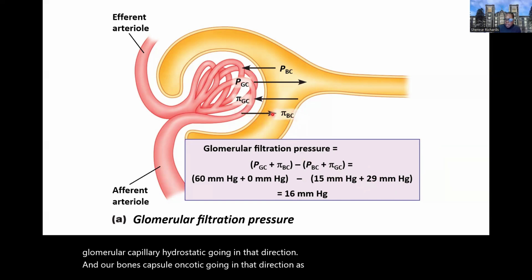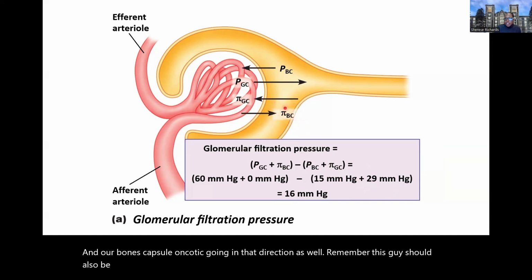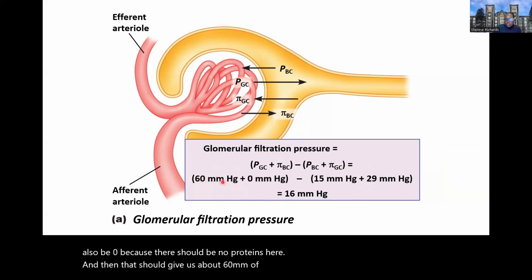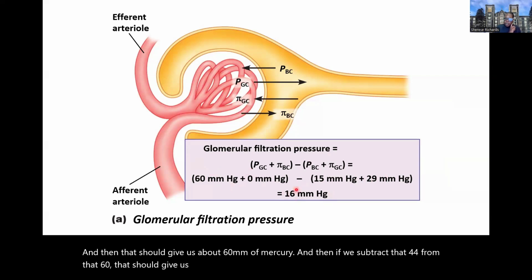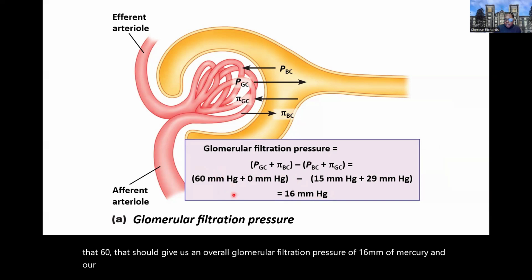Remember, this guy should also be zero because there should be no proteins here. And then that should give us about 60 millimeters of mercury. And then if we subtract that 44 from that 60, that should give us an overall glomerular filtration pressure of 16 millimeters of mercury. And our bigger force being the filtration force, being the overall direction of movement of that plasma.